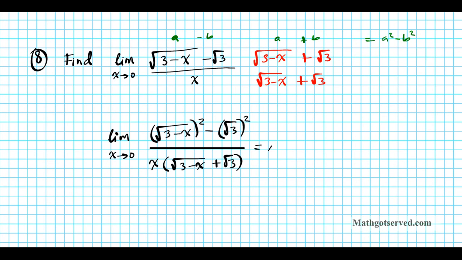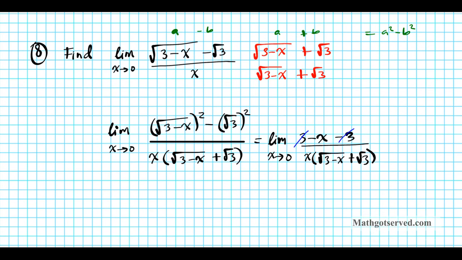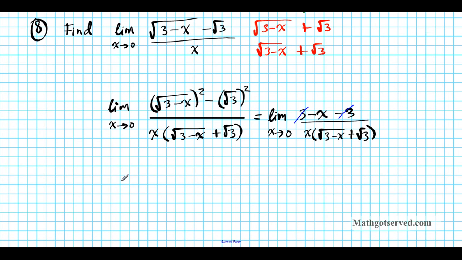So this gives us the limit as x approaches 0. In the numerator, the square and the square roots cancel out, so we have 3 minus x minus 3 divided by x times the square root of 3 minus x plus the square root of 3. Okay? You notice that these two 3's add up to 0, and then we have that negative x there, which we can divide the top and the bottom, but let me write it down again.